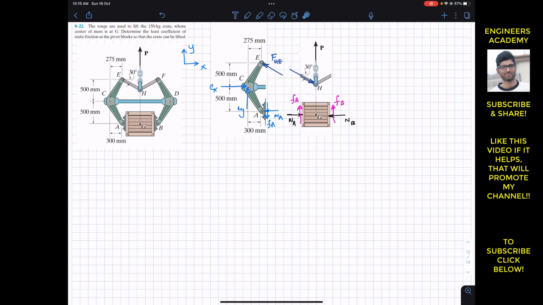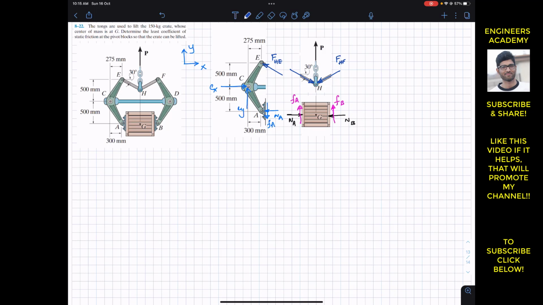And similarly on the other side, since this whole mechanism is symmetrical about this line, we will have this same force, FHF, which is going to act like this. So again we will have the force at joint F, let's say this is FHF, and this is the force applied at point F, and as a reaction we will have the force in the opposite direction at joint H. So let me show the reaction force on joint H. So this is our actual force.